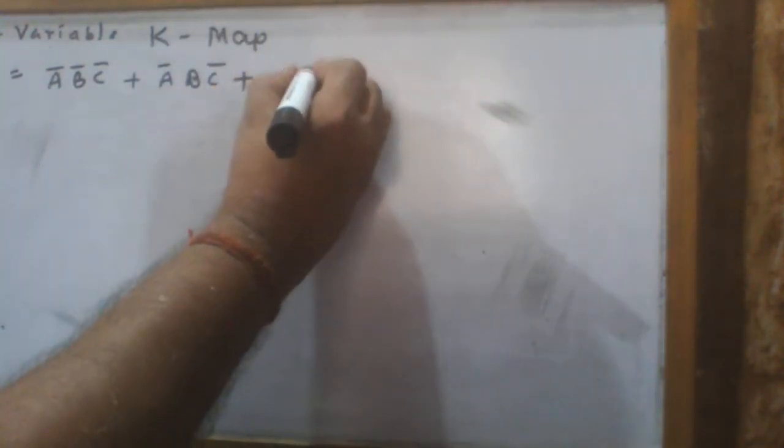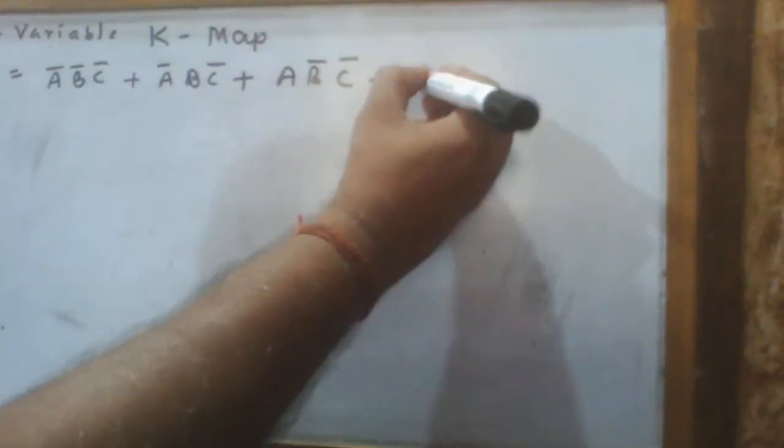It is again a 3 variable K-map. Suppose the equation is given to us. The equation is Y is equal to A bar B bar C bar plus A bar B C bar plus A B bar C bar plus A B C bar.